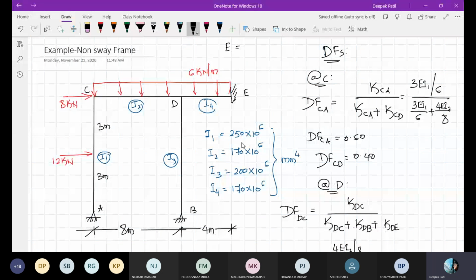I will keep that part at the end, because the process is very lengthy and will waste a lot of time. For the third module, I have started with recorded videos. I will upload one video today and one tomorrow, some 10 to 15 videos, so that in parallel we will complete the third module. From my next class I will directly start with my fourth module, the flexibility matrix method.